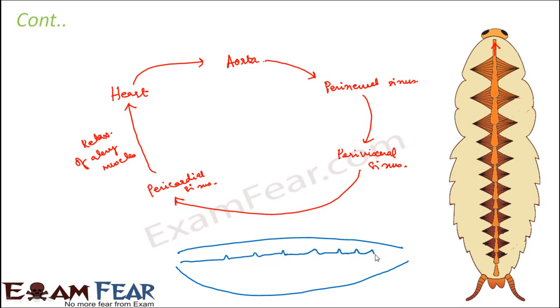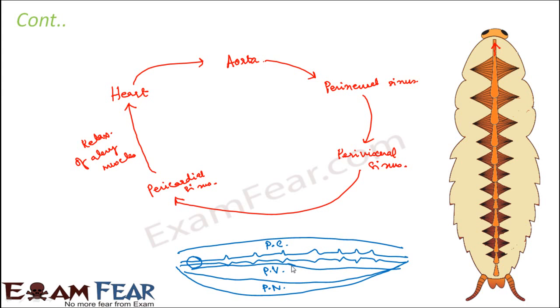This is the tubular heart, and this is the aorta. This is the pericardial sinus, this is the perivisceral sinus, and this is the perineural sinus. And these are the partitions which separate each of them from the other.